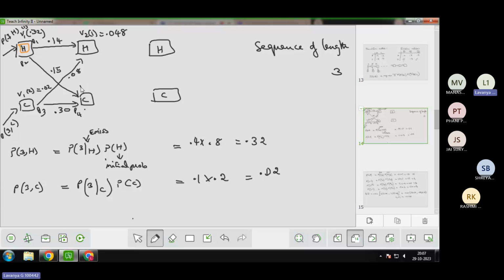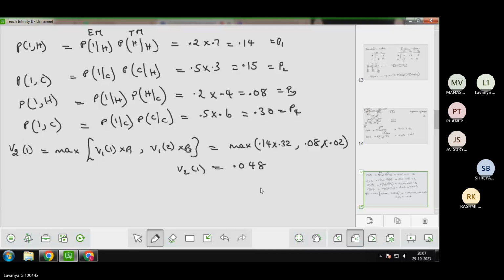How to find my V2 of 2? My V2 of 2 will now again be the maximum of, I have to reach this stage either from hot or from cold. So V1 of 1 into P2, comma V1 of 2 into 0.3, V1 of 2 into this base one. What is it? P4.